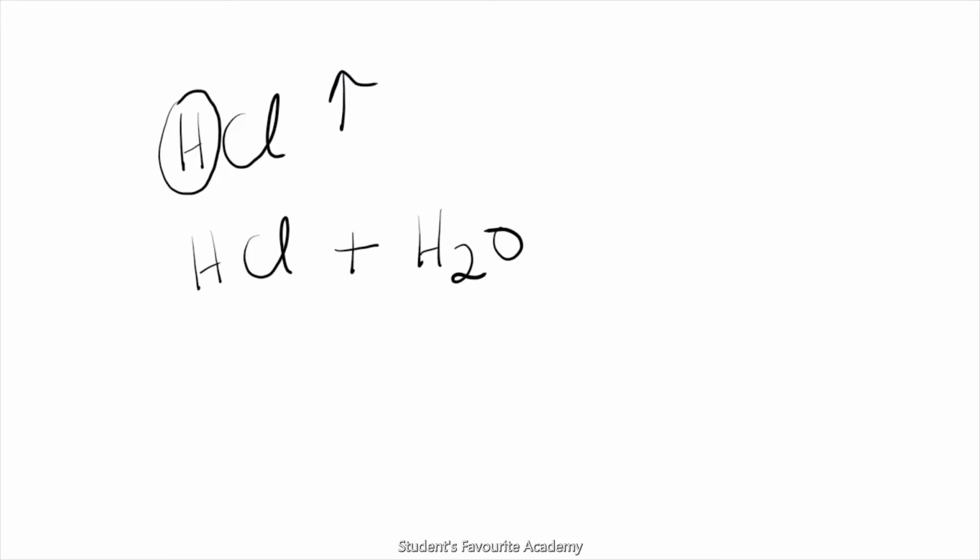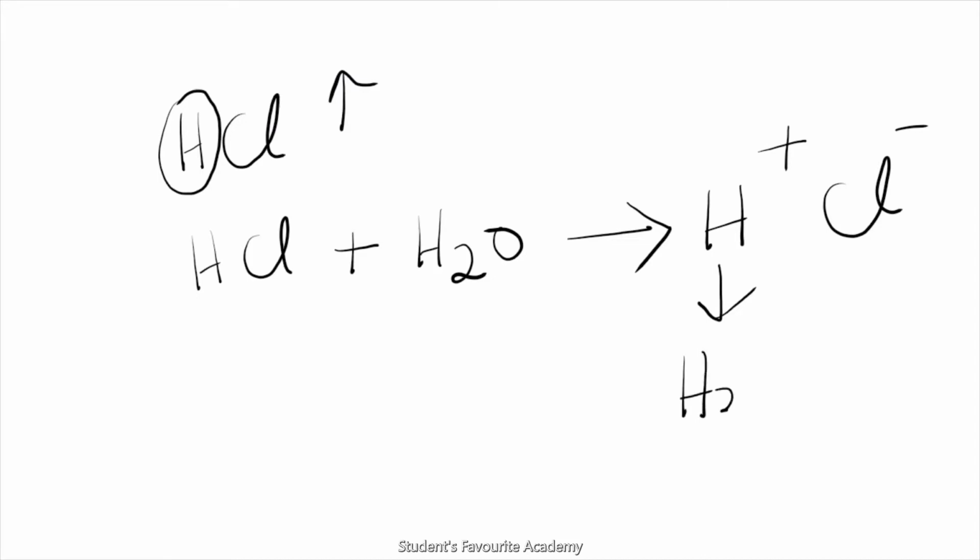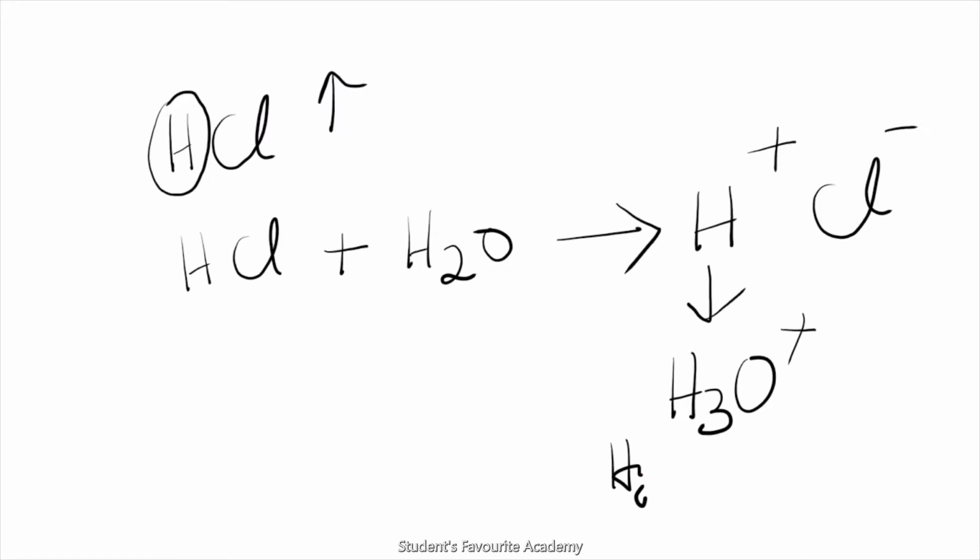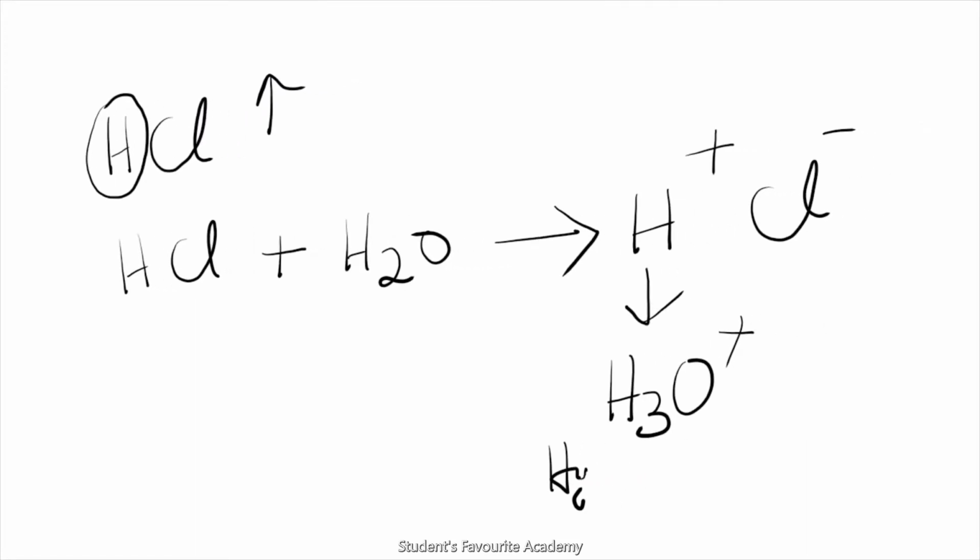In this aqueous solution of hydrochloric acid, HCl first breaks up as H plus and Cl minus ions, and this H plus forms with the water molecule H3O plus, the hydronium ion.